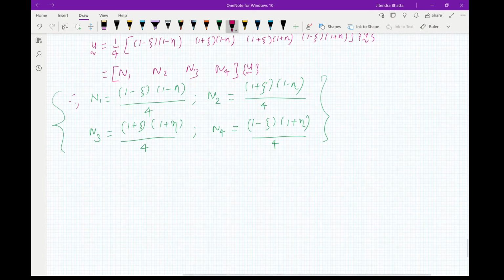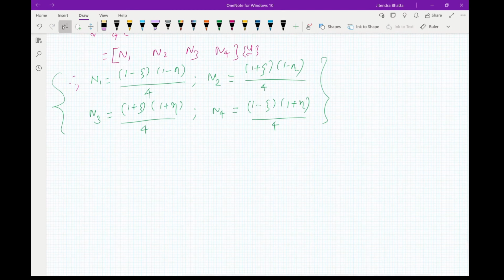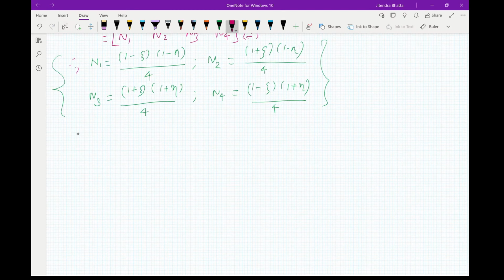Now you can verify the shape functions by its properties. Now when you say that n1 at the rate 1, which is xi equals to -1, eta equals to -1, should be equal to 1. When you substitute those values, what you get is 1 plus 1, 1 plus 1 by 4, that equals to 1.